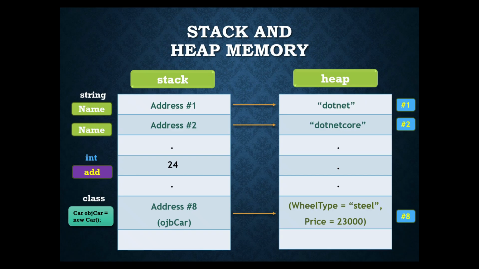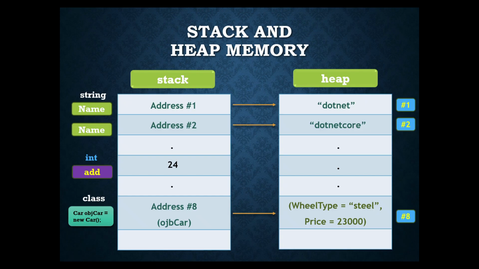If we change the price to 25,000, it will not create another object or another address. It uses the same address and changes the value. This is how class objects are stored in memory.